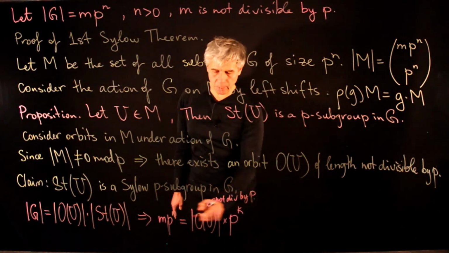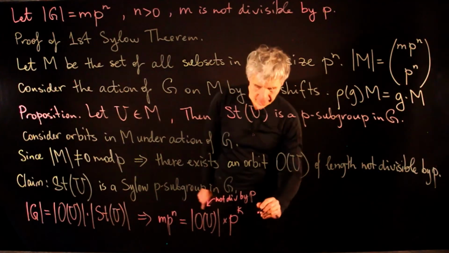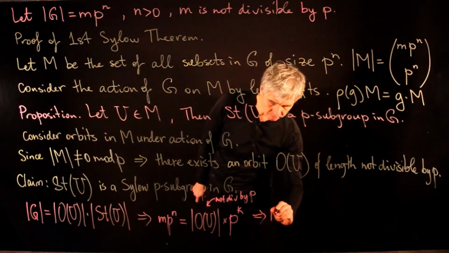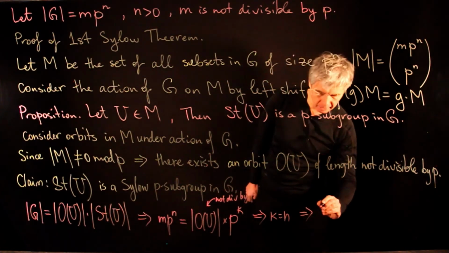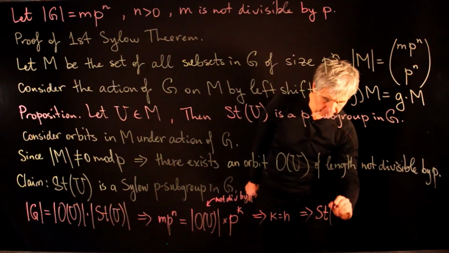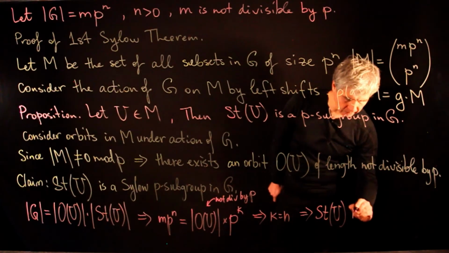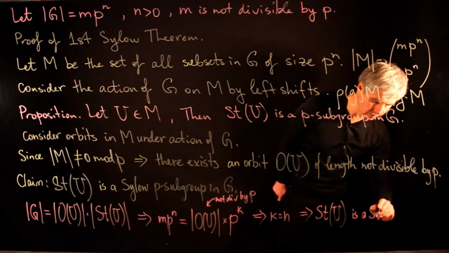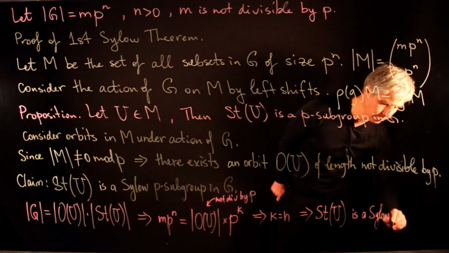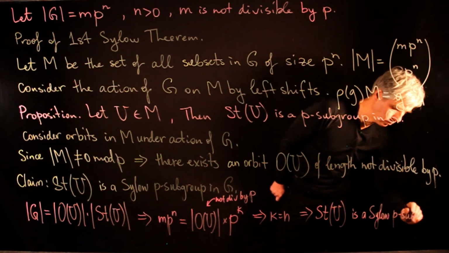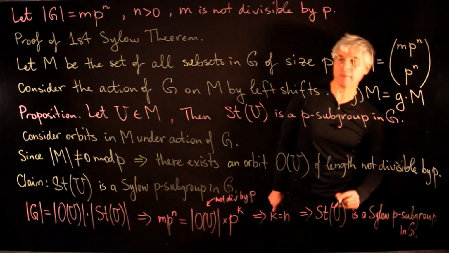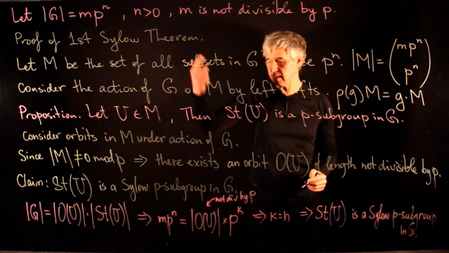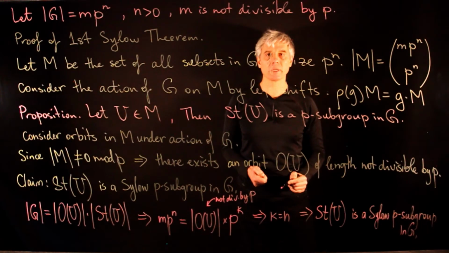Then comparing the left-hand side with the right-hand side, we see that k must be equal to n, and this means that the stabilizer of this set U is a Sylow p subgroup in G. And this proves the existence of a Sylow subgroup in G.